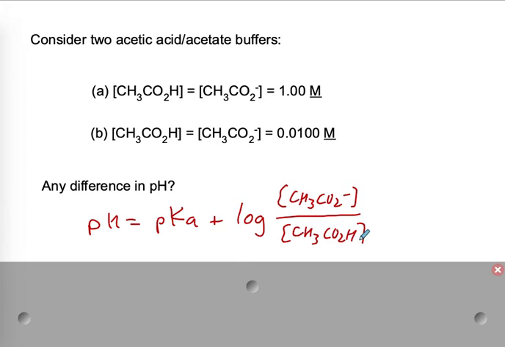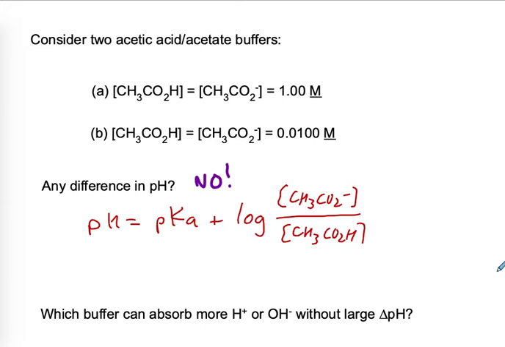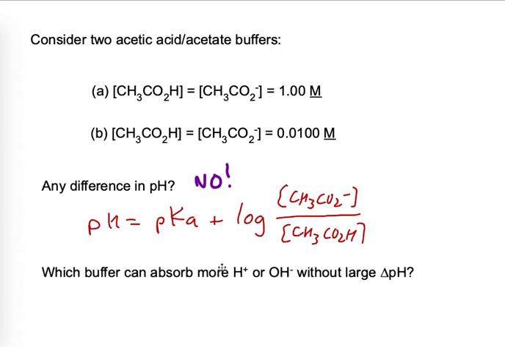Well, that suggests that if the ratio of the concentrations of the basic component to the acidic component in the two buffers are the same, and pKa is the same, then the pHs should be the same as well. So I'm going to say no, there shouldn't be any difference in the pH. But here's the important question. Which buffer can absorb more external strong acid or strong base without a large change in pH? In other words, which one is going to be the more effective buffer?